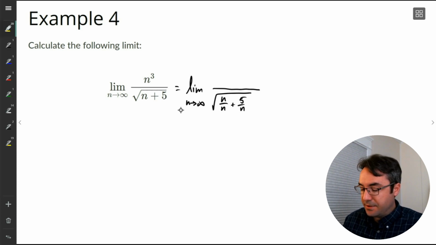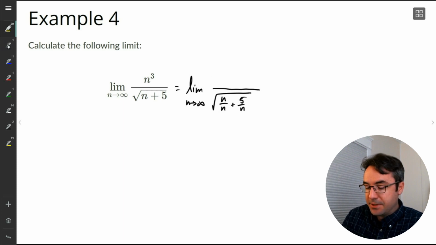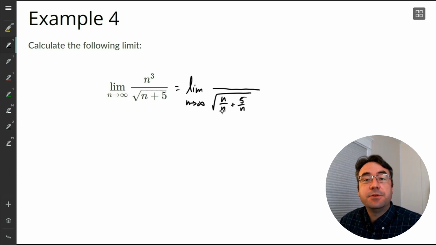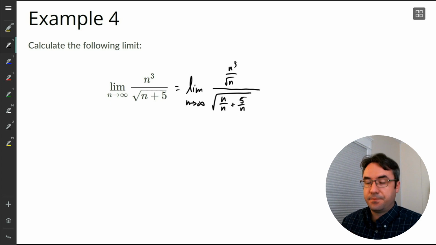And so what I've done here is I've divided each term by n in the denominator, except it's underneath the square root. So essentially what I've actually done is I've divided each term by the square root of n. And if I do that to the denominator, I have to do that to the numerator as well. So I'm actually dividing by the square root of n, because when I divided by n in the denominator here, those n terms were underneath the square root.